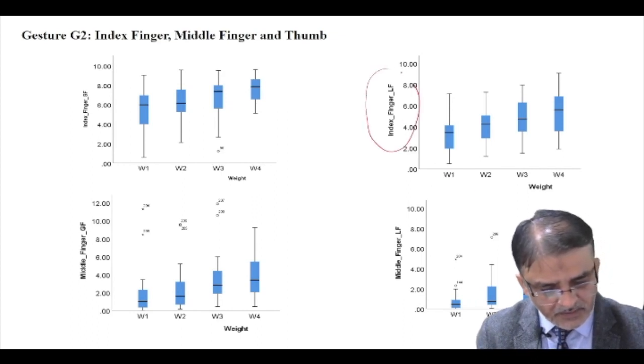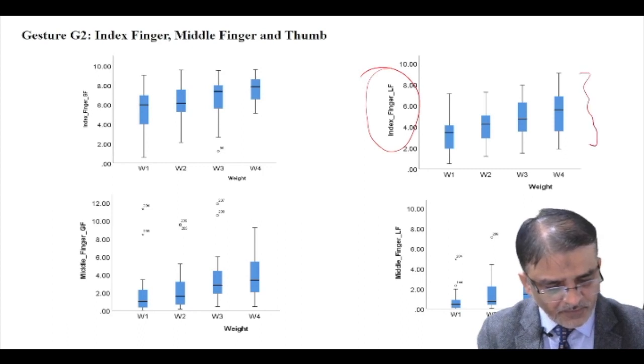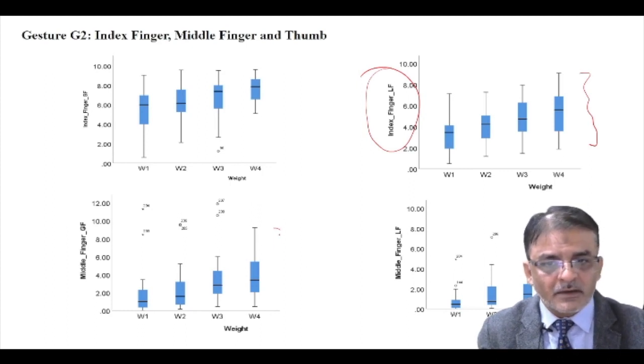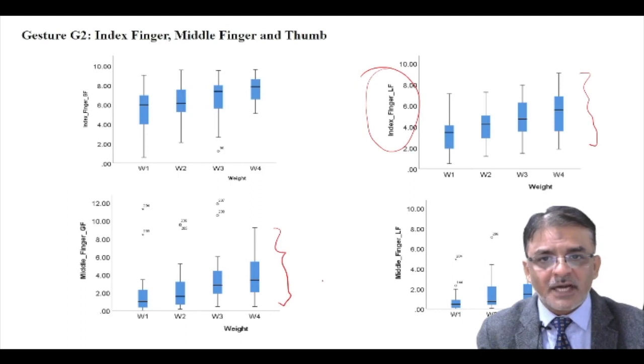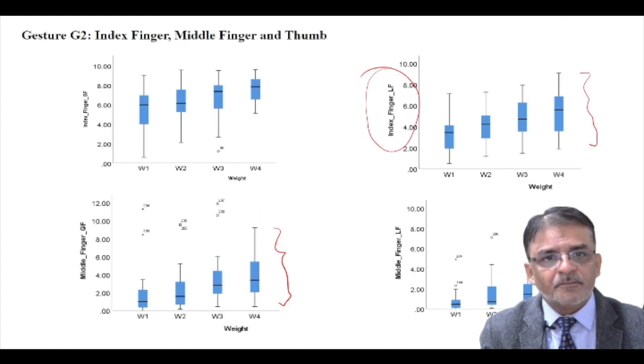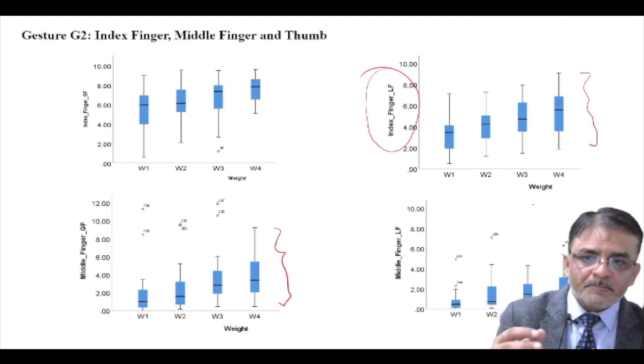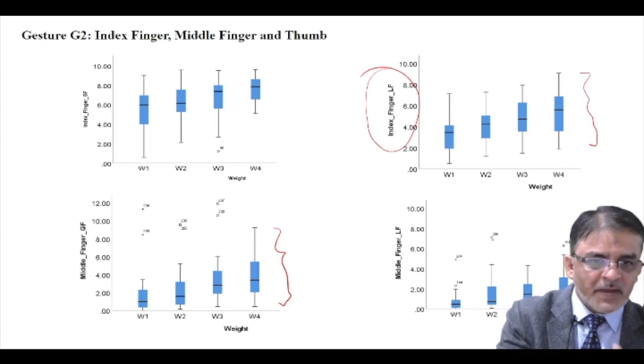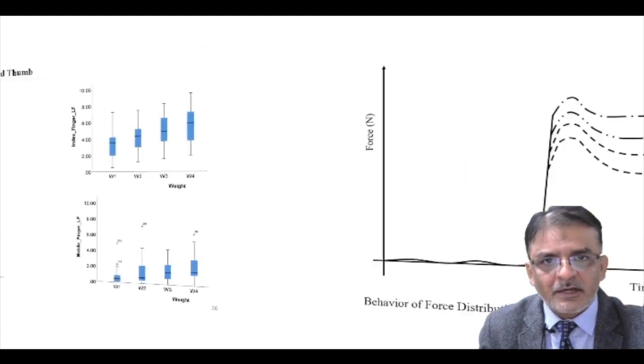For the index finger, the lift force varied for higher weight. That phenomenon is quite interesting to understand and investigate further: why the index finger and middle finger give more variation in gripping, but the index finger gives more variation in lifting at higher weights. So these phenomena were understood.